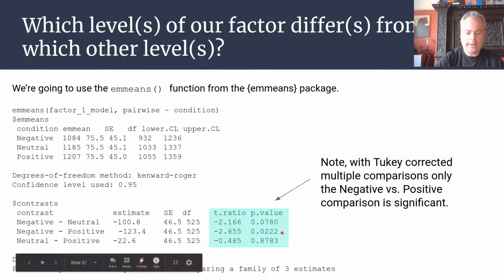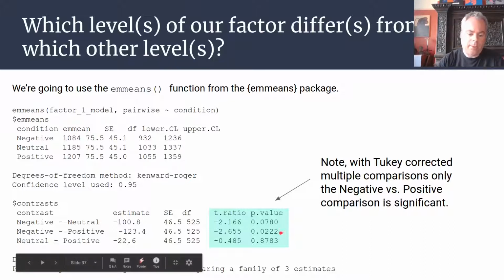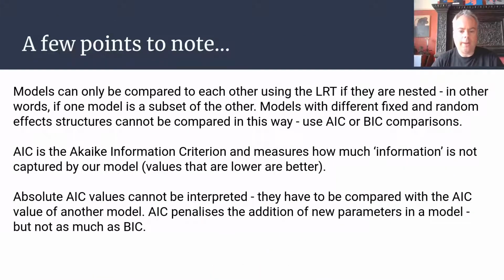So we can see that we've got a model where our experimental factor does have an influence on gaze duration, and it's driven by the fact that people are quicker reading sentences in a negative context than they are in a positive context. And that's what that pairwise comparison tells us here. That's the pairwise difference that's driving our effect.